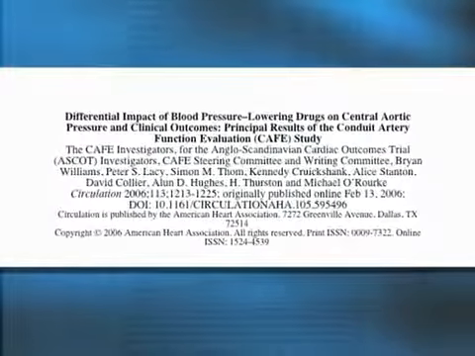For example, in the CAFE study, we have two groups of over 2,000 patients followed up for 5 years on the same blood pressure level that was kept for 5 years. They are almost identical, and matched for age, sex, and everything else.